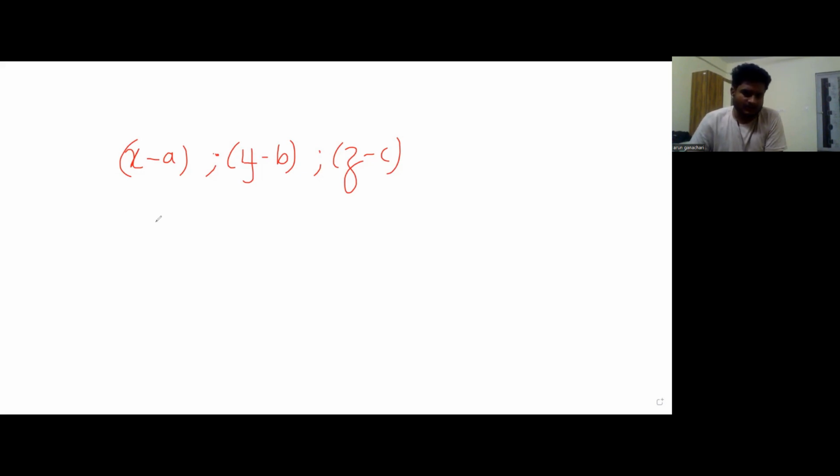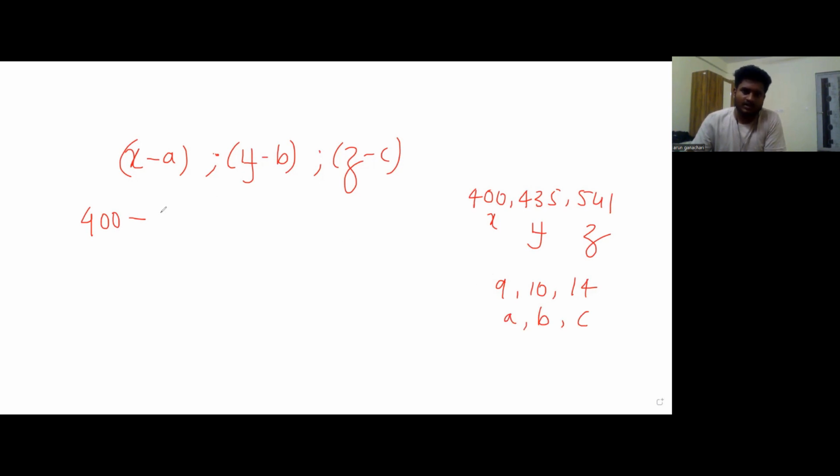Yes, x is 400. The numbers are given as 400, 435, 541. These are x, y, and z. What are your remainders? 9, 10, and 14. We call them a, b, and c.